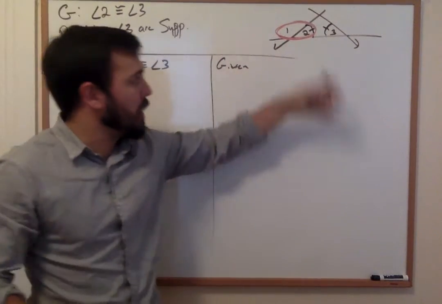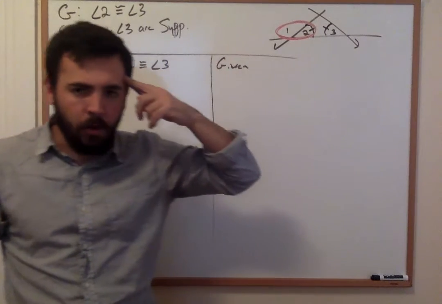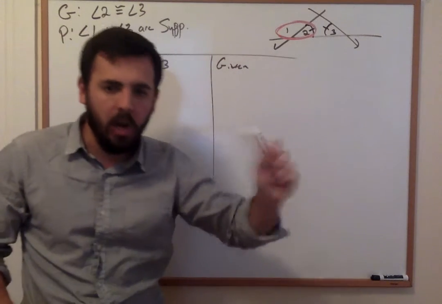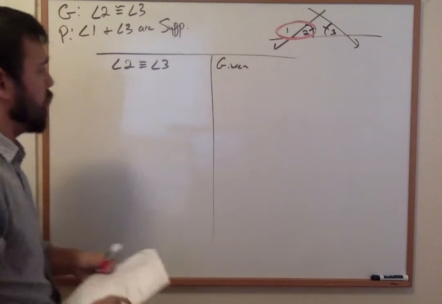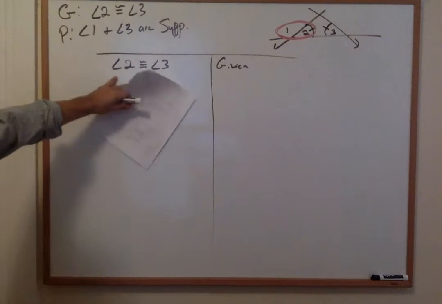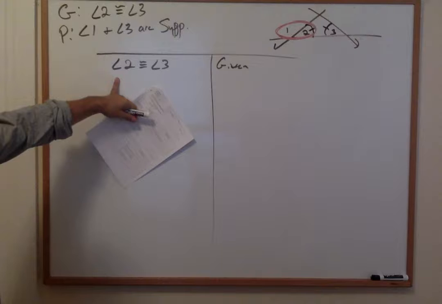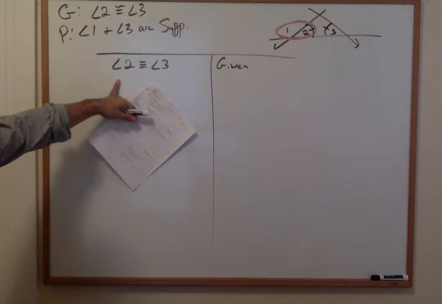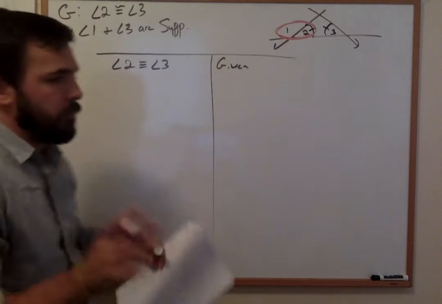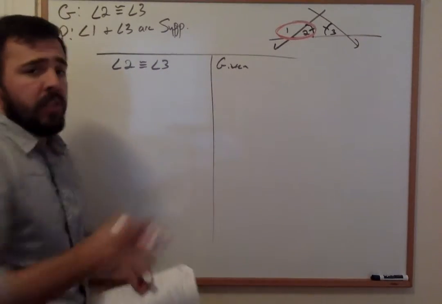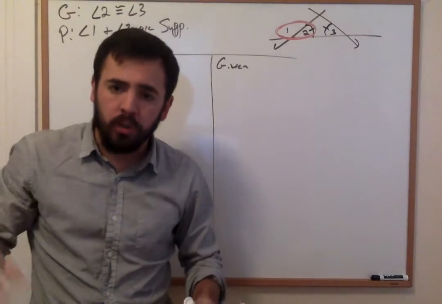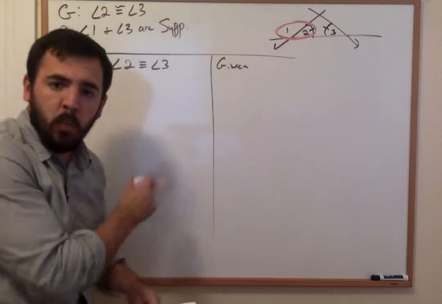So we're looking at our diagram and trying to get in our head, okay, how do I get to what I want to prove with what I have? So let's start here. Another helpful hint too: starting with your givens helps, but also focus on what you have to prove.